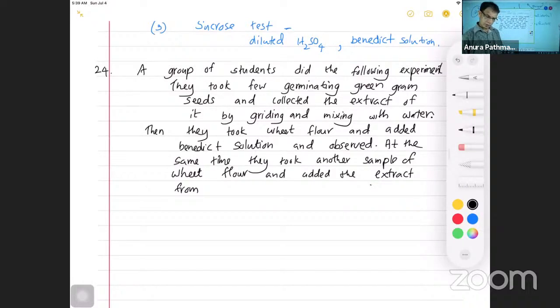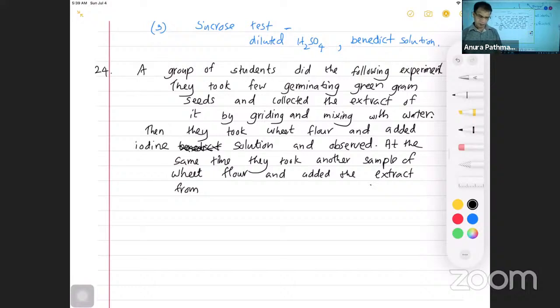A group of students did the following experiment. They took the germinating green gram seeds and collected the extract of it by grinding and mixing with water, correct? Then they took wheat flour and added not Benedict solution, iodine solution, and observed.